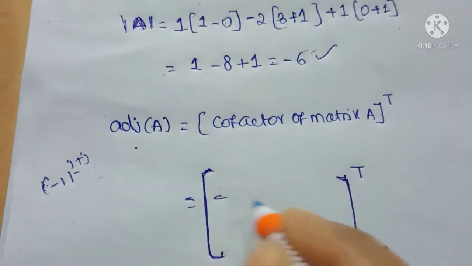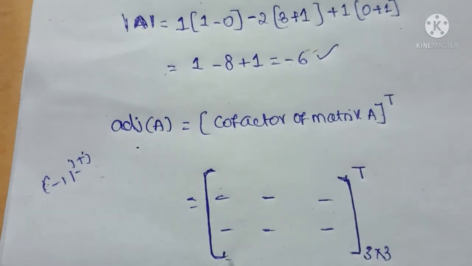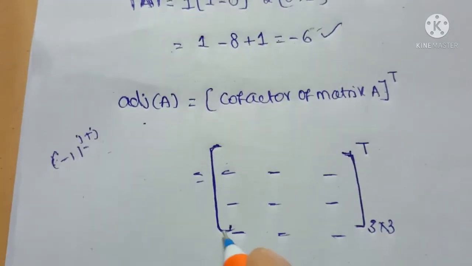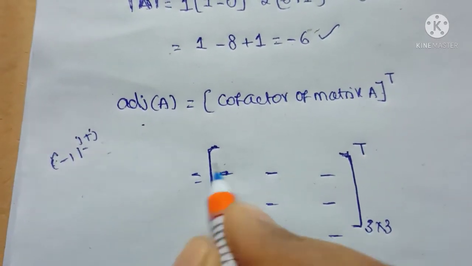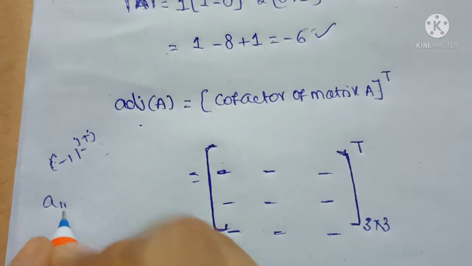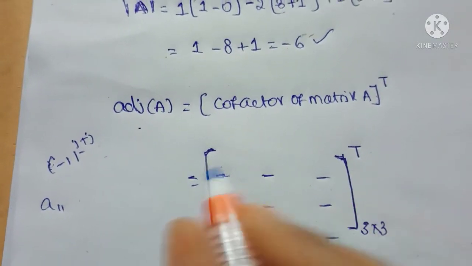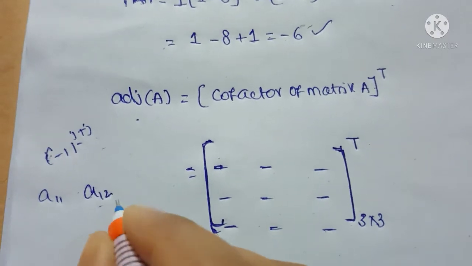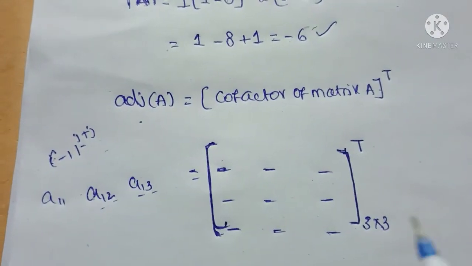There are 9 positions: A11 means first row and first column, A12 first row and second column, A13 first row and third column.